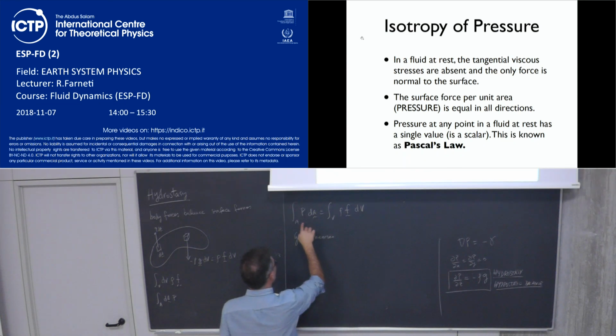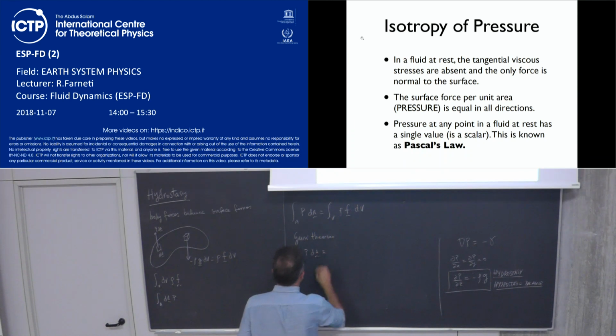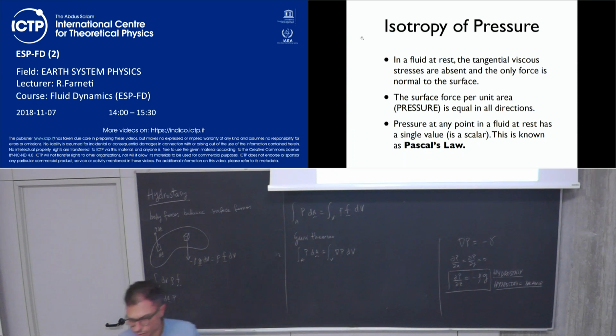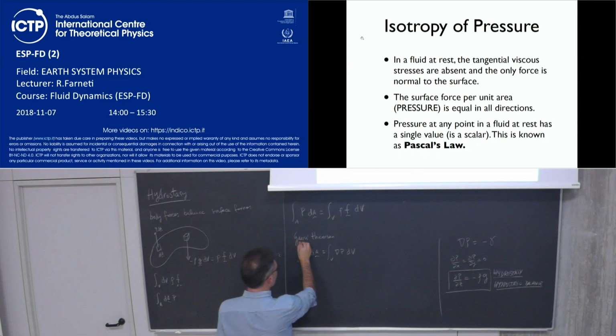So I'm going to use the Gauss theorem on this area integral, and the area integral of pressure is equal to the volume integral of the divergence of pressure, or the gradient of pressure, because pressure is a scalar. Okay? So by using the Gauss theorem, I go from an area integral to a volume integral.